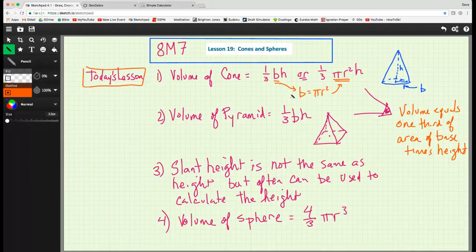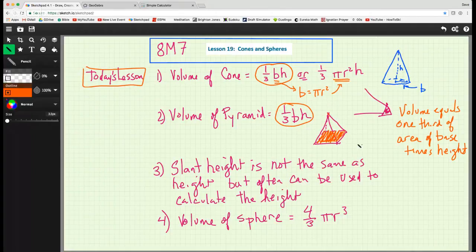Similarly, the volume of a pyramid is the same as the volume of a cone. It turns out that it's also 1/3 of the base times the height. So in this pyramid, this is our base. If you take the area of this base and multiply it by the height, from the top, the vertex of the pyramid, all the way down to the base, that would also be the volume of a pyramid.